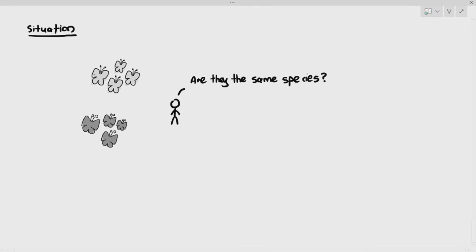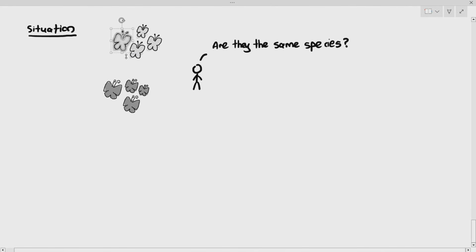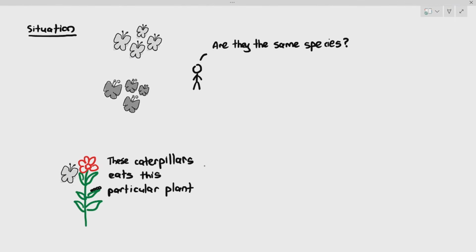So what we do is we need to have more information. Now, the light gray butterfly loves to pollinate small plants, and they will lay their eggs on the small plants as well. And the caterpillar will eat the leaves of this particular plant.